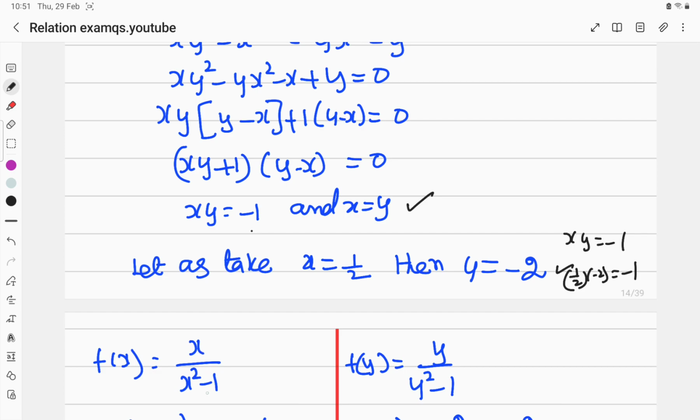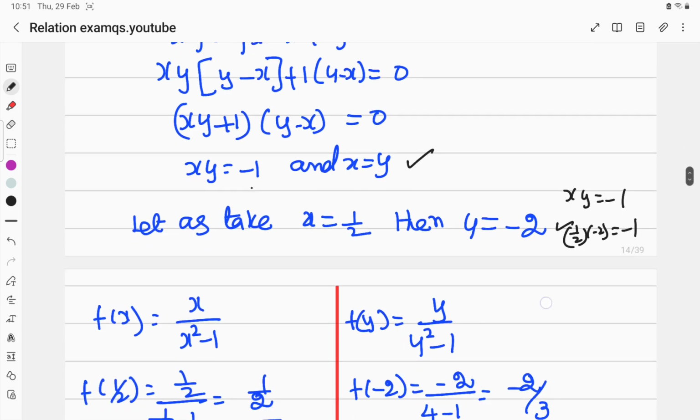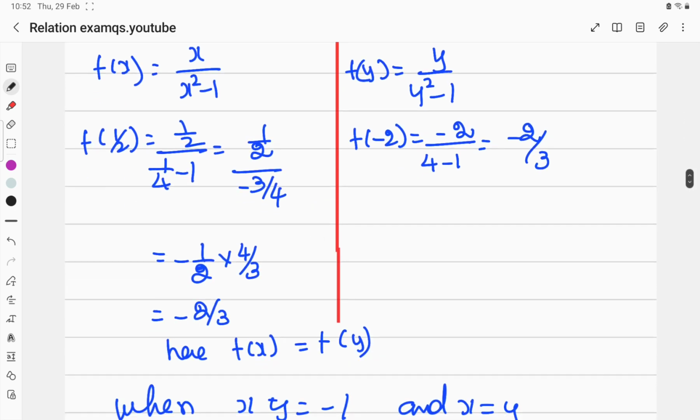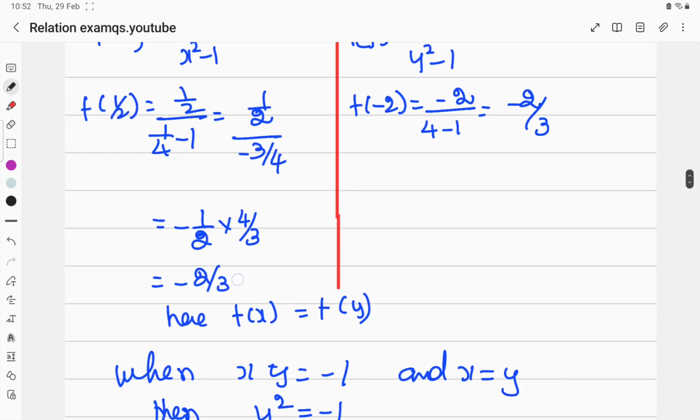f(x) = x/(x² - 1) and f(y) = y/(y² - 1). Using x = 1/2, we get f(x) = -2/3.